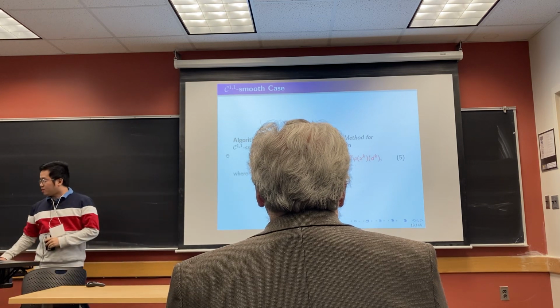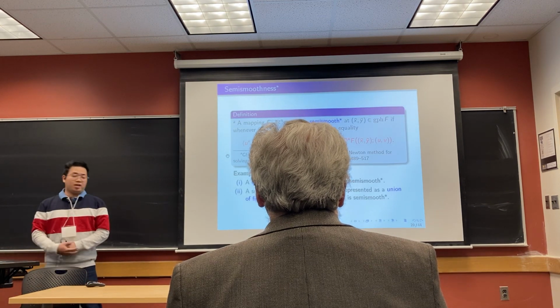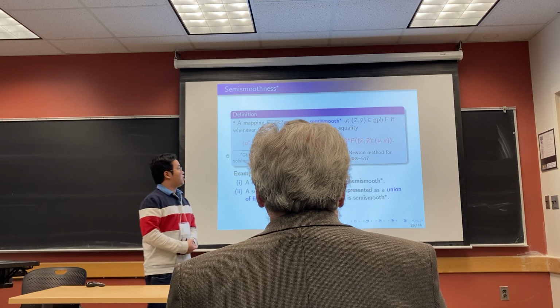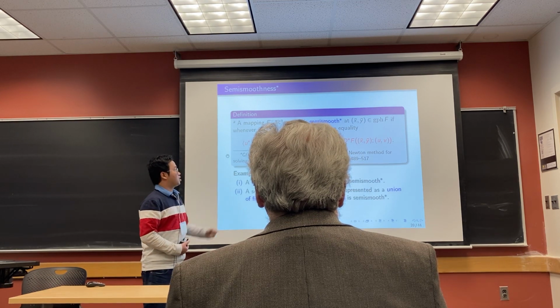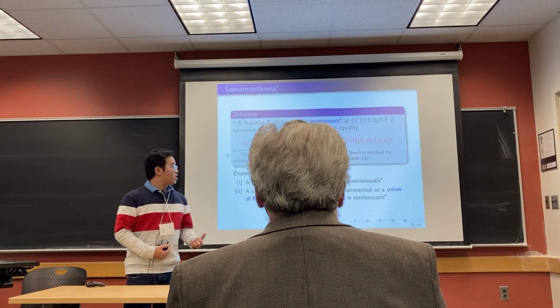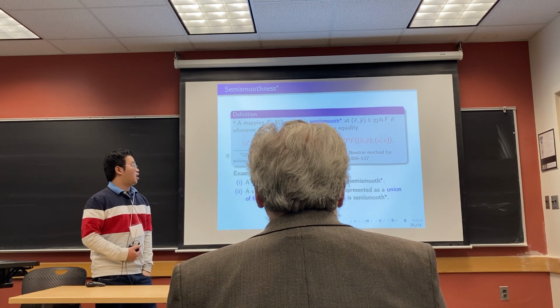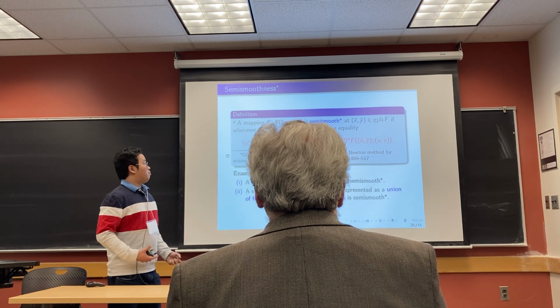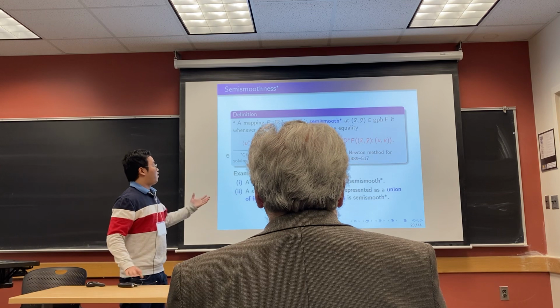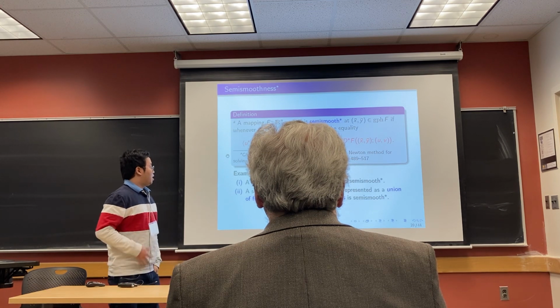And in this case, we need an assumption like semismooth*. Here is the definition of semismooth*. It is the generalization of the semismooth property. The semismooth property is defined just for locally Lipschitz mappings, but the semismooth* property is defined for set-valued mappings.